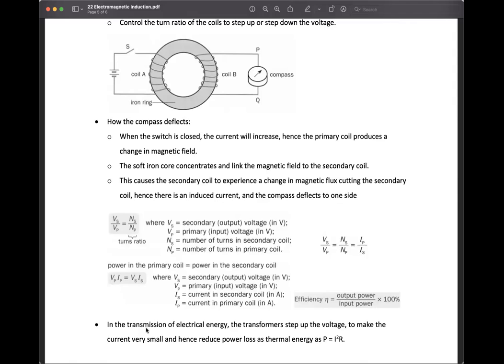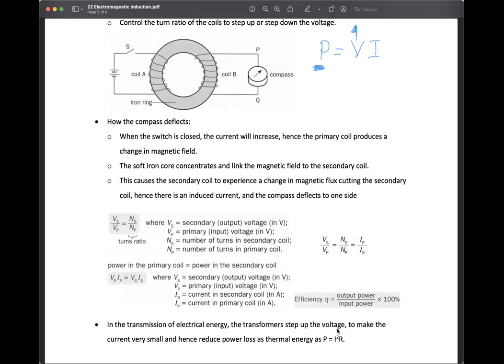When we want to transmit or transfer electrical energy, we use a transformer to step up the voltage. Why? You remember the formula of power? Power is VI. So when we increase the voltage, we maintain the same power. Power is produced by the generator or the power plant.